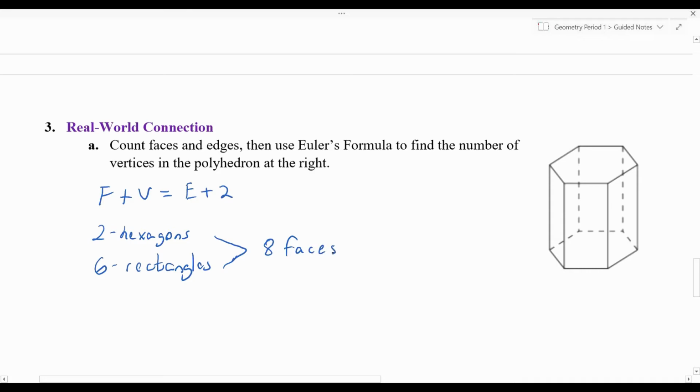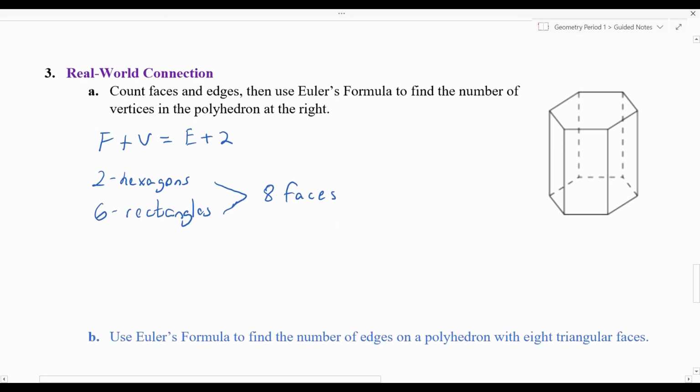All right. Now we need to find the number of edges, right? Because we're trying to find the number of vertices, we need to find our edges. So to find our edges, here's what we do. We know that we have, again, 2 hexagons, 6 rectangles.